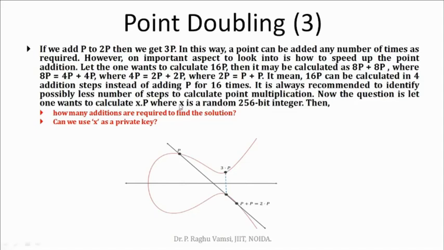So x is a random number, and I want to multiply this x with P. For example, if x is like this, 1, 1, 1, 1, 1, 1, up to 15 ones, and into P. Obviously, you are supposed to do that particular multiplication with P. So how many additions are required to find a solution? Obviously you need to do many additions to get the solution.